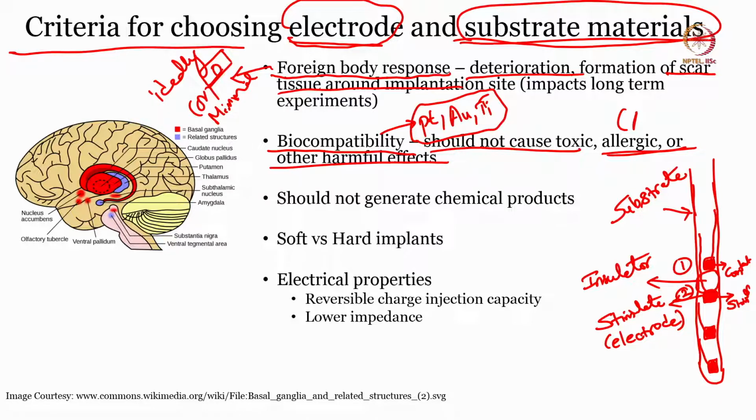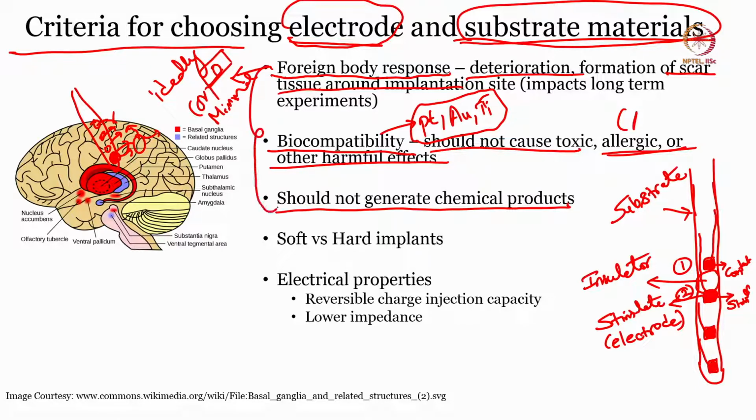Another requirement is that it should not generate any kind of chemical products or byproducts. You have inserted the device in the brain, and it should not react with the materials present inside the brain. When it reacts, there is a byproduct, and that may cause another effect on the brain, or degradation of the electrode material or substrate material may take place.